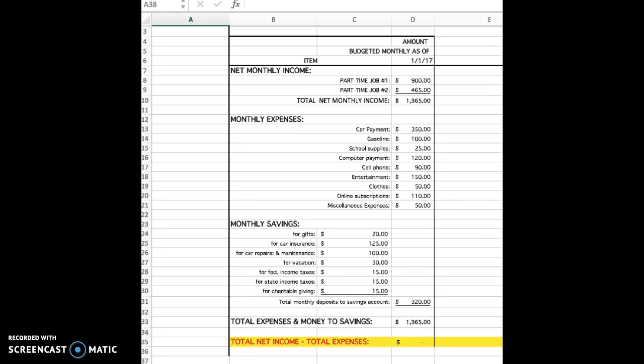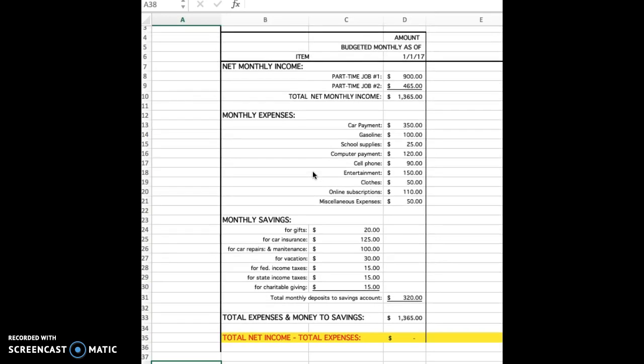First of all, I'll be referring from time to time to cells. For example, on the screen, you will see some information about net income, monthly expenses, and monthly savings, and this number right there is titled the total net monthly income, 1365.